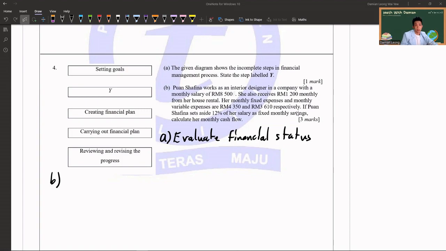So let's see. If we look at her income balance, it will be the 8,500 plus 1,200, but minus 12% fixed monthly savings.